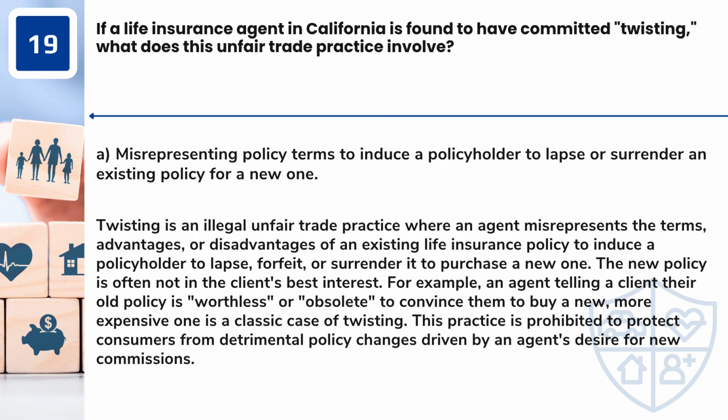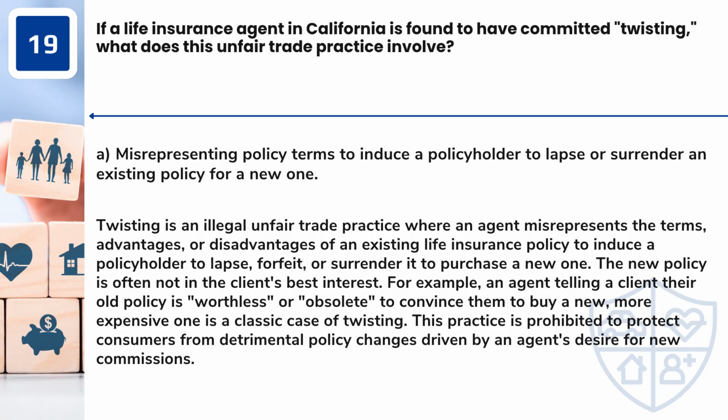Answer: A. Misrepresenting policy terms to induce a policyholder to lapse or surrender an existing policy for a new one. Twisting is an illegal unfair trade practice where an agent misrepresents the terms, advantages, or disadvantages of an existing life insurance policy to induce a policyholder to lapse, forfeit, or surrender it to purchase a new one.